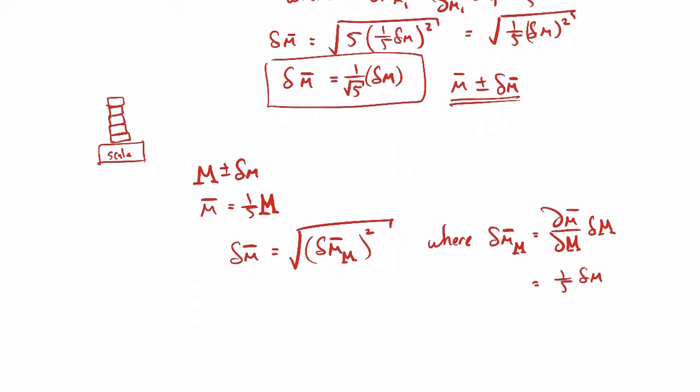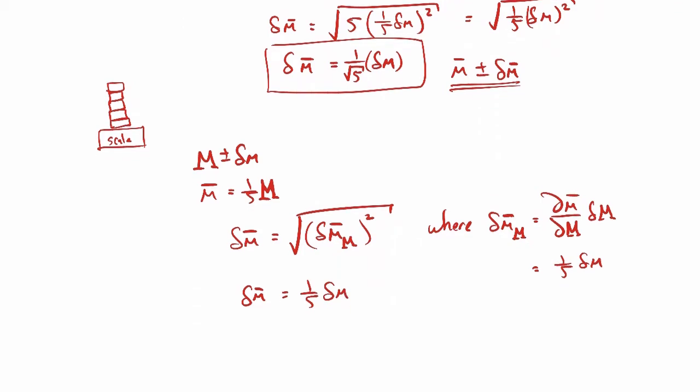So we can substitute that in, and you see that our absolute uncertainty in our mean value will just be 1/5 delta M. And of course our mean value would be the mean value plus or minus delta M bar, just as we had before up here. Okay, but our absolute uncertainty here is 1/5 delta M.